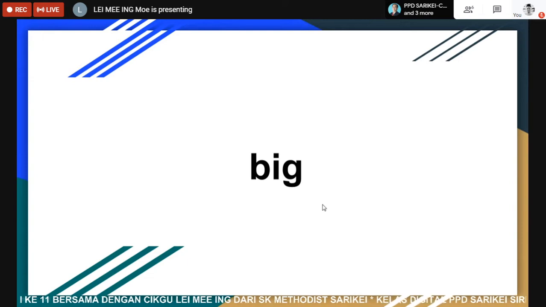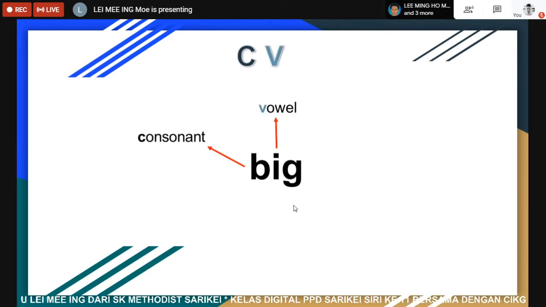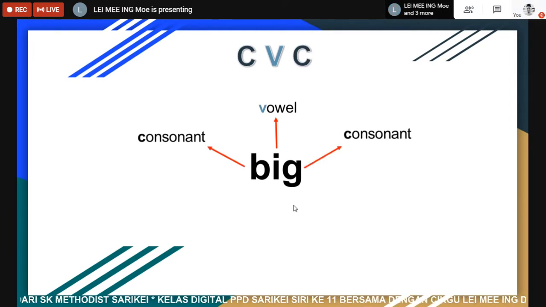All right. We go into more detail on this one. So B is a consonant. I is a vowel. G is a consonant. The vowels are A, E, I, O, U. Consonants are the letters besides A, E, I, O, U. So we have CVC, and big has only one syllable.